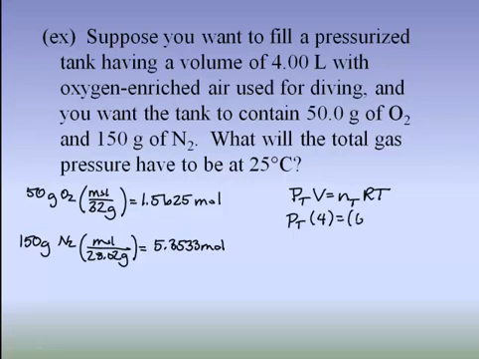When I add my number of moles together, I get 6.9158 times my same gas constant times my temperature in Kelvin of 298. When I solve for pressure, then I get 42 atmospheres.